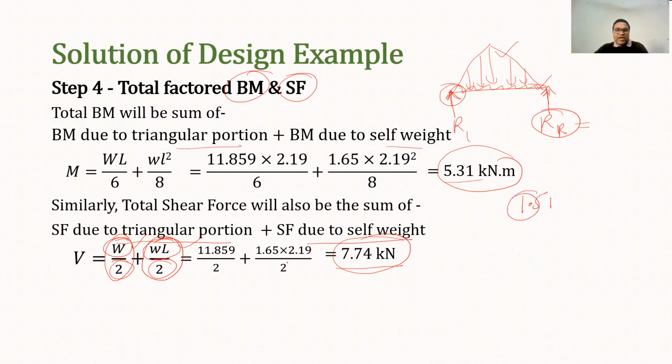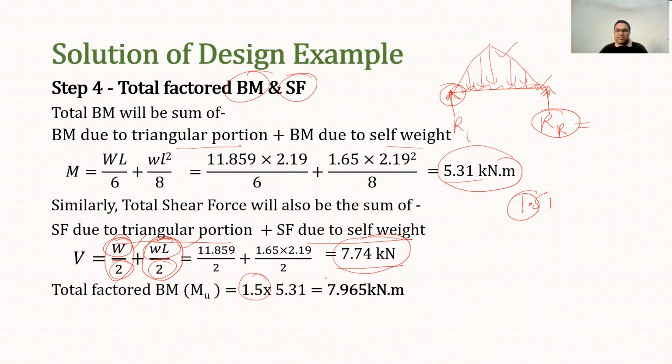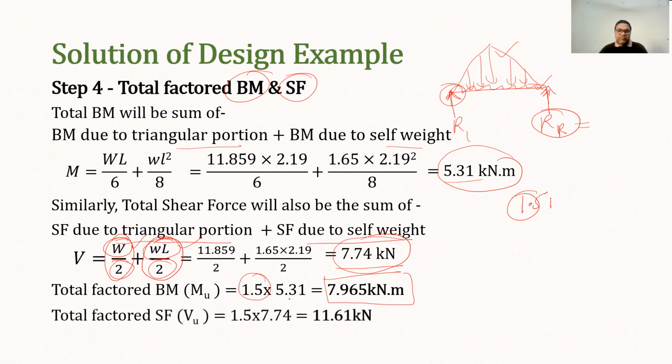To get the factored bending moment, we multiply the bending moment by 1.5, and that is the design bending moment coming on the beam. Similarly, shear force will also be factored. Ultimately, the design values of bending moment and shear force are 7.965 and 11.61. That is what we have calculated so far.